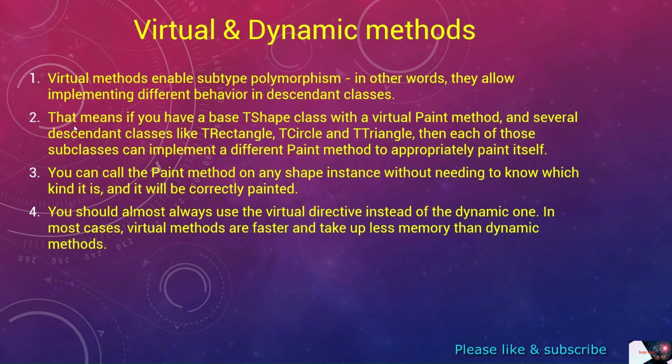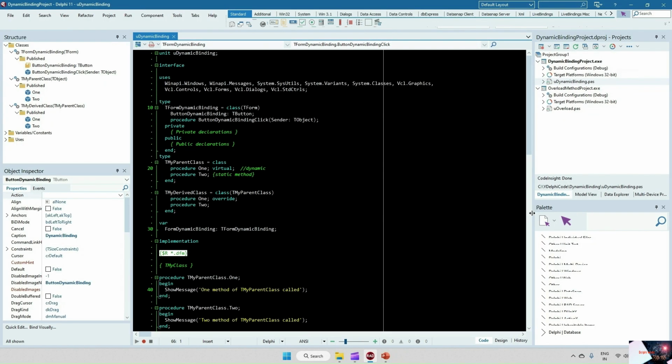So you can call the Paint method on any shape instance without needing to know which kind it is, and it will be correctly painted. You should almost always use the virtual directive instead of the dynamic one. In most cases, virtual methods are faster and take less memory than dynamic methods.